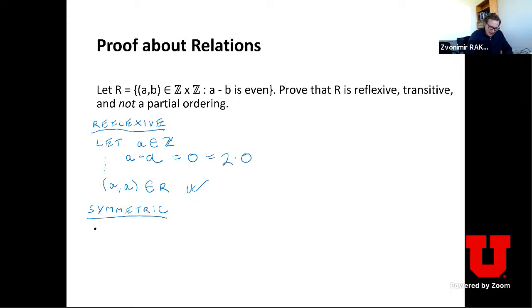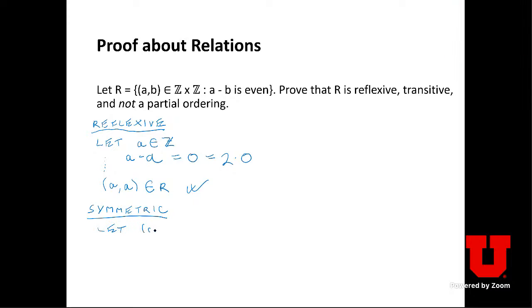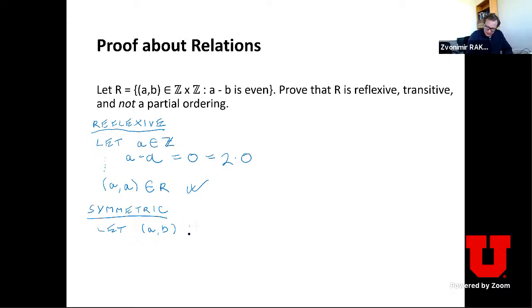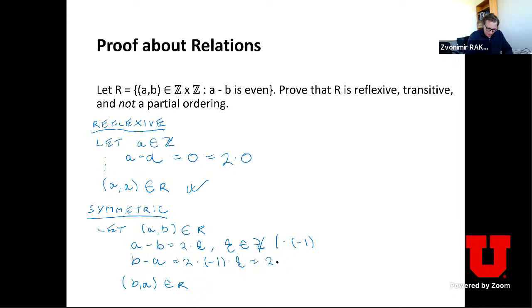Okay, so symmetric. So we have let (a, b) in R, and we have to show that (b, a) is also in R. So if (a, b) is in R, we know that a minus b is equal to 2 times k, where k is an element of Z. And so if we multiply this by -1, we get that b minus a is equal to 2 times -1 times k, which is equal to 2 times some l.